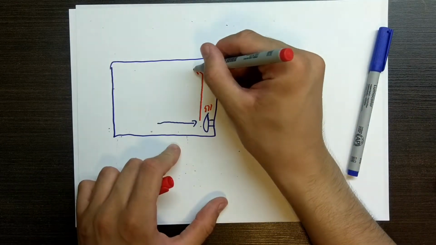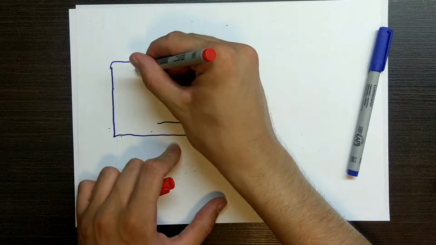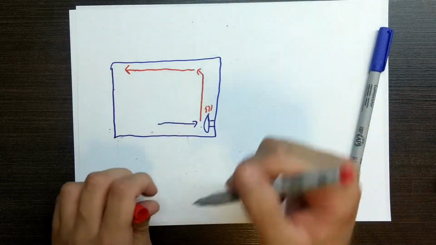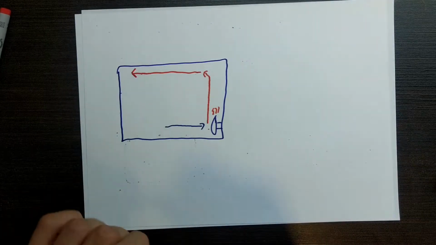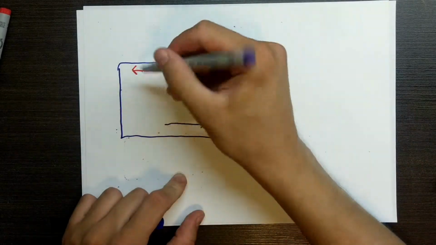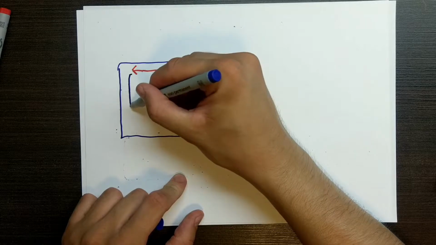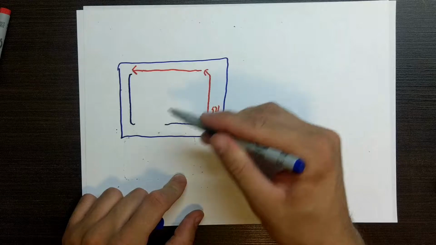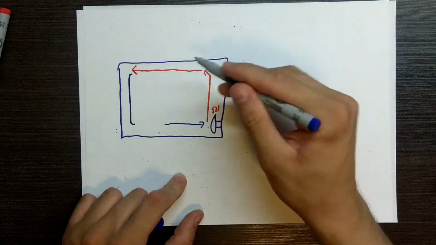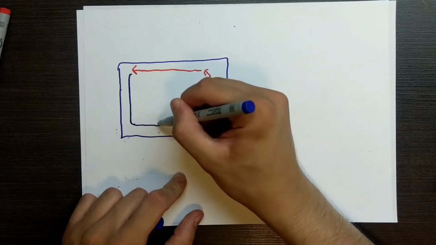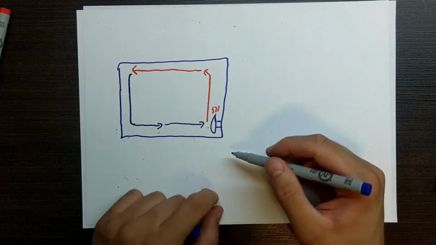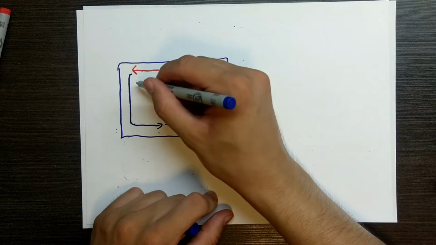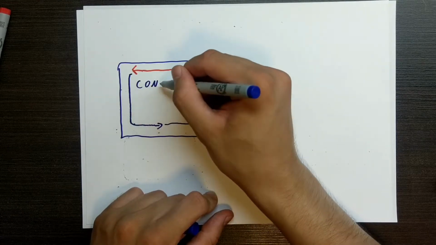And then this pushes the air along here. And then the air here starts cooling down because it's quite far away from the radiator. So it starts falling, like this. And because this air keeps being drawn in by the radiator to be warmed up and pushed up, this air starts coming back down this way. So what we get here is a current forming in the room, and that is called a convection current.